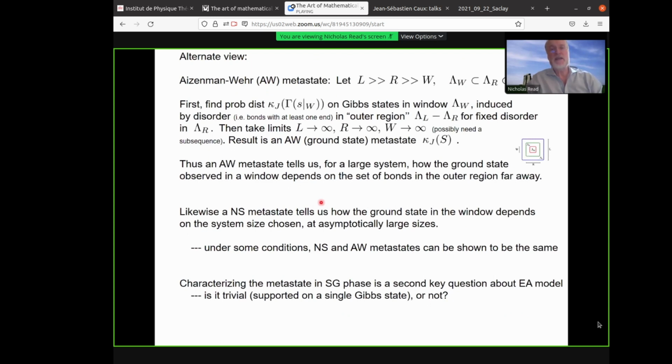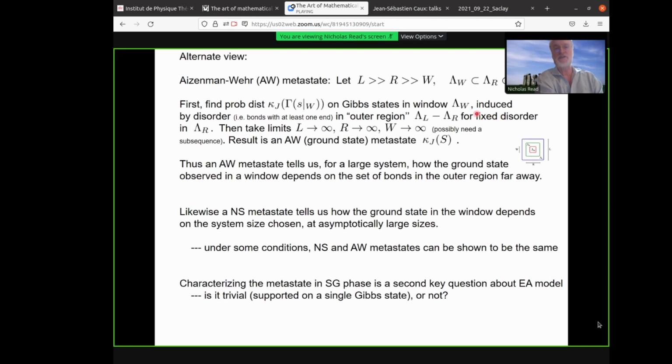Another way to think of this Ising and Wehr metastate is we can start with a finite size system of size L, a hypercube of size L. We'll define some smaller hypercubes that are nested. We can look at the probability distribution for the finite size Gibbs state and take the marginal, just the restriction of the probability distribution to the spins inside lambda W, a window. We can get a probability distribution on those states because that changes as the disorder in the outer region between lambda L minus lambda R changes.